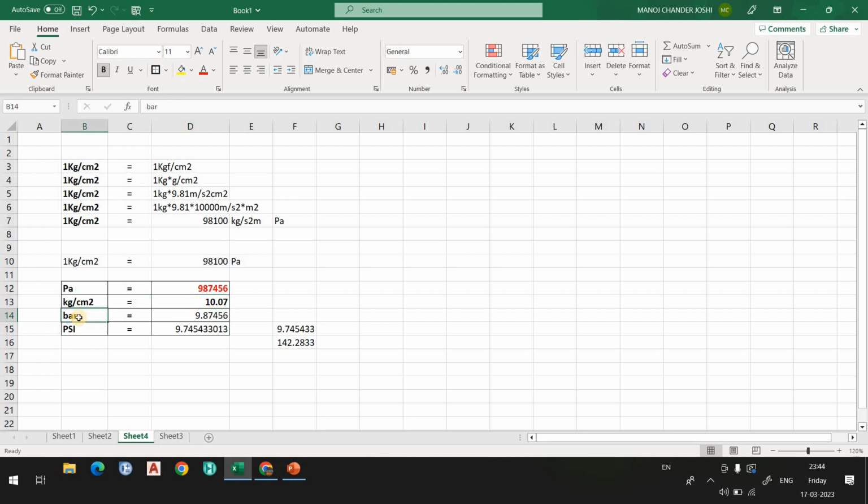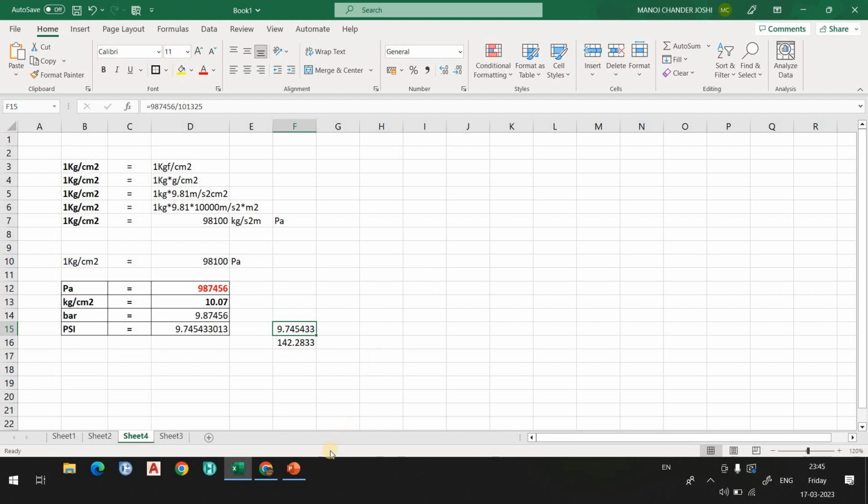The same way you could convert bar into Pascal. How? Just divide by 10 to the power 5. The same way you could convert PSI into Pascal. How? This is a little bit, not complicated, but just understand that if you want to convert Pascal into atmospheric, you will simply divide by 101325.